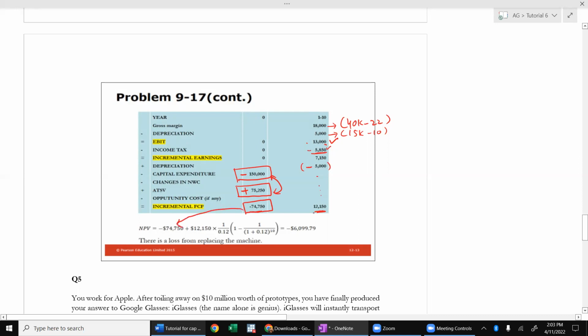And these will be your incremental cash flows. Since they are equal and regular, it means we can apply the present value of annuity formula. If you apply the present value of annuity formula, our answer is negative. So it is giving us a negative answer. So we are not going to buy a new machine. Any questions, students?